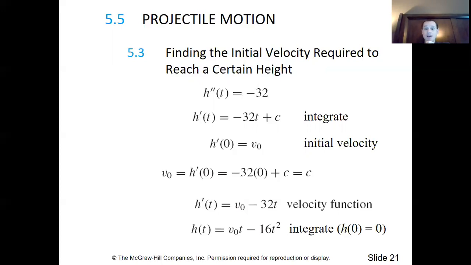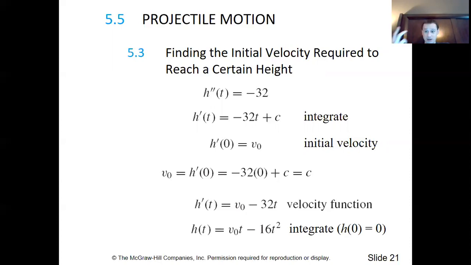Of course, there would be another constant of integration coming up from there. So technically, I should say h of t is v naught t minus 16t squared plus a constant. But again, you would apply your initial conditions about h of 0. h of 0 is 0. If you plug in 0 for all your t's, you get 0 equals 0 minus 0 plus a constant.